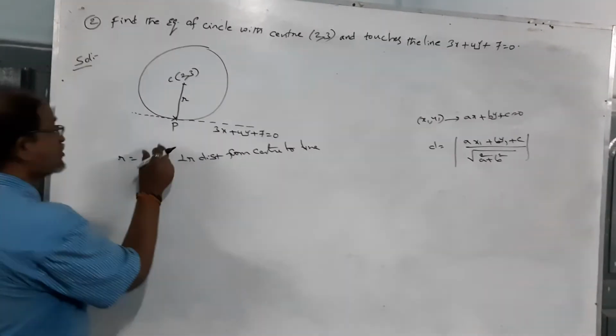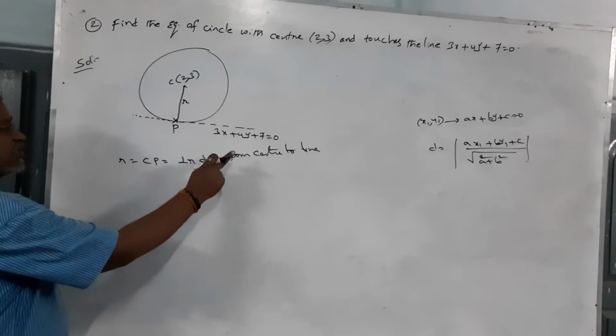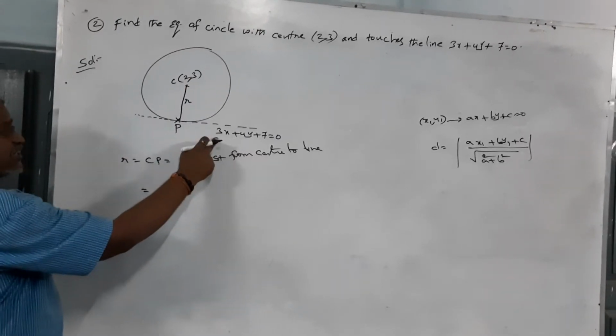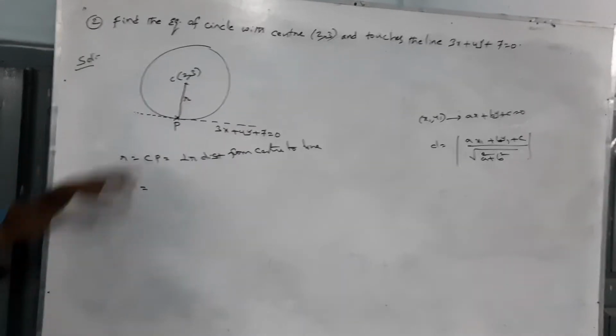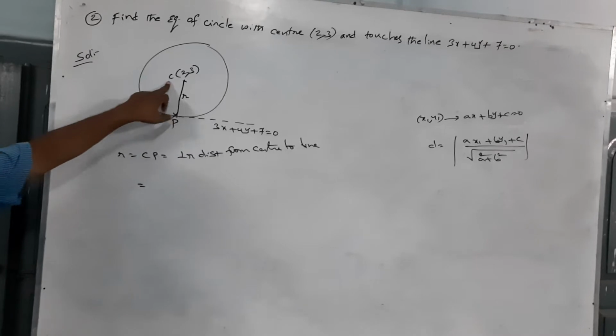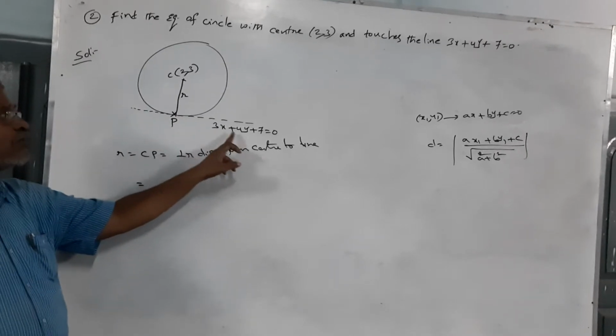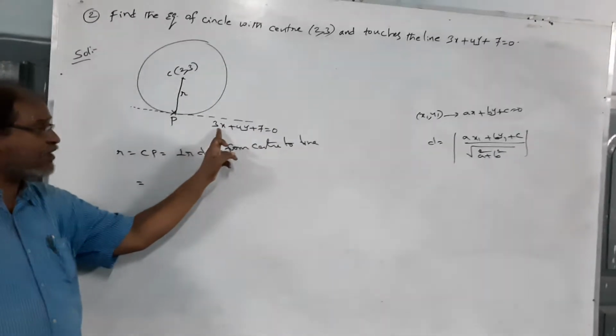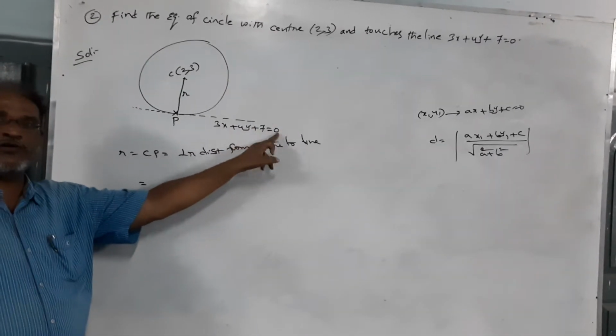So from this problem, the perpendicular distance from the center to the line means the radius equals the distance from 2, 3 to 3x plus 4y plus 7. Here 2, 3 is x1, y1, and a equals 3, b equals 4, c equals 7.